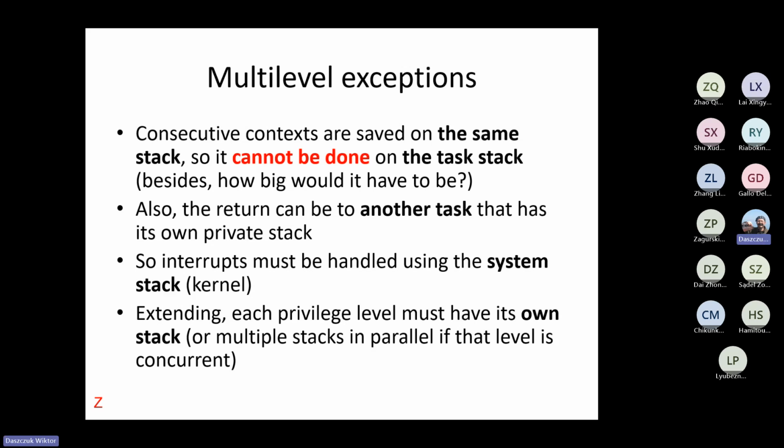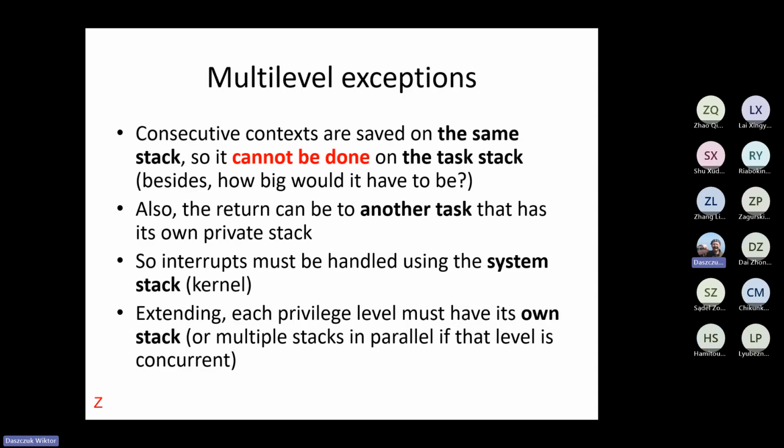They must store the context, and maybe they make some additional pushes of some data. We don't know how much room of our stack we should reserve to successfully serve 16 interrupts. So for those two reasons, only the task context is stored on its stack, then we switch to the system stack.